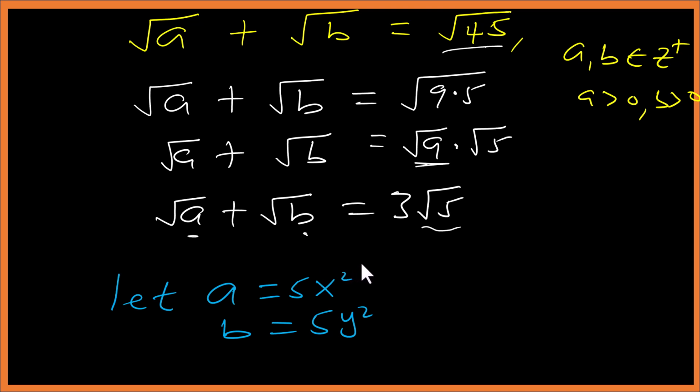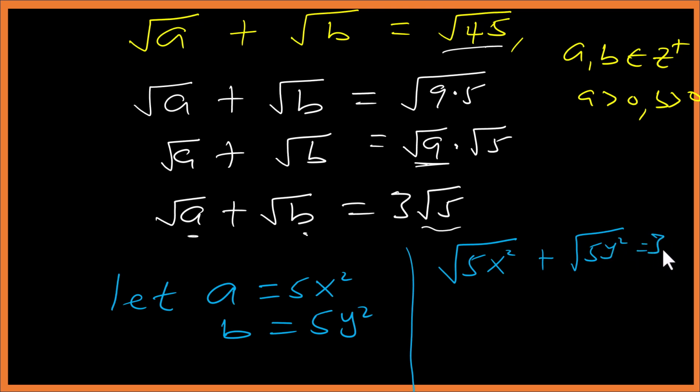All right, now let's do the substitution and see what happens here. So this side will be, so a, that is square root of 5x squared, plus square root of 5y squared equals 3 root 5.